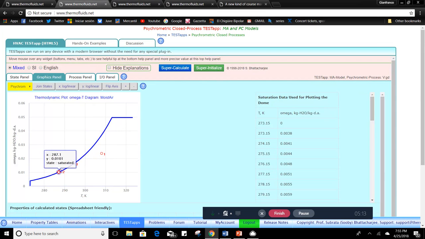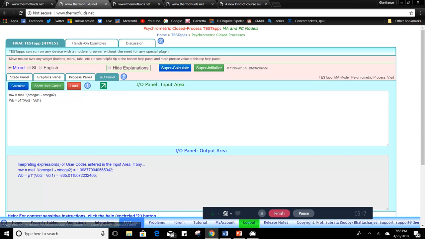Here it is, saturated state 2 and 3, and inputting the same equations in the IO panel, we find that the condensed amount of water in the system is 1.39 kilograms, and the boundary work for this is negative 835 kilojoules.